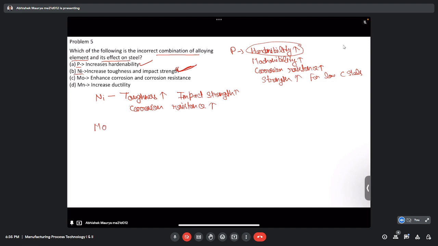Now let's talk about molybdenum. If we add molybdenum to the steel as an alloying element, then it increases the strength, as well as toughness and hardness. This happens when molybdenum is added in the presence of chromium, manganese, and vanadium; then all these properties get improved, and it also increases the corrosion resistance.